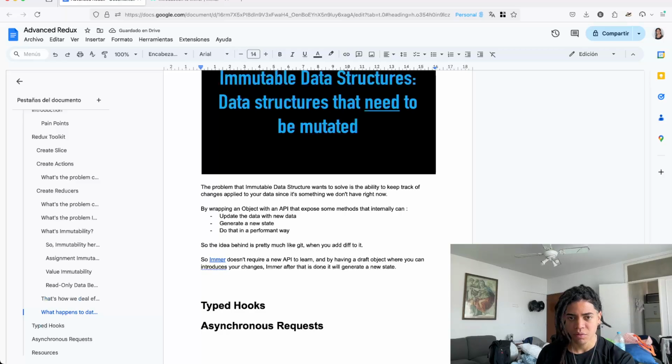Simple object, few modifications. Nested object, few modifications. Nested object, many modifications. Complex object, few modifications. Interesting.